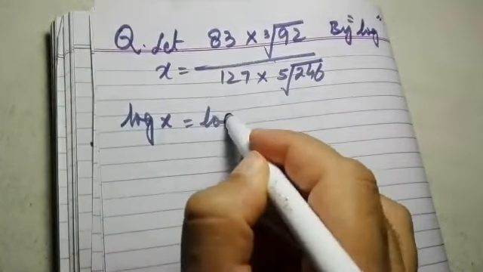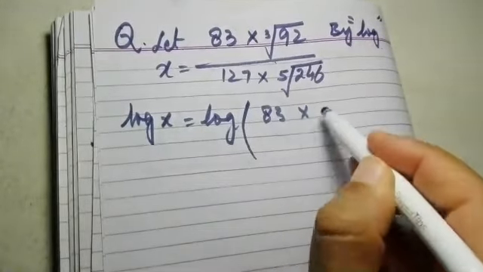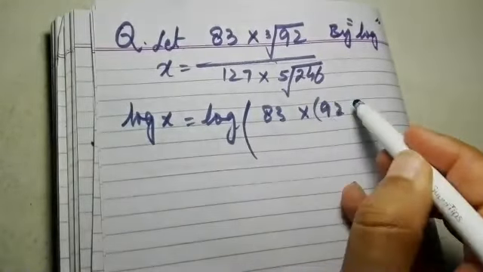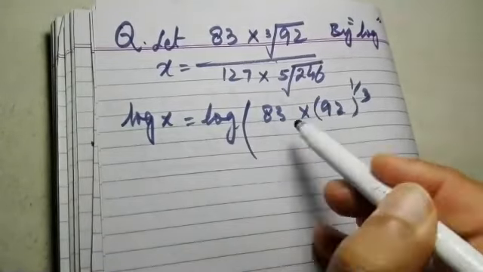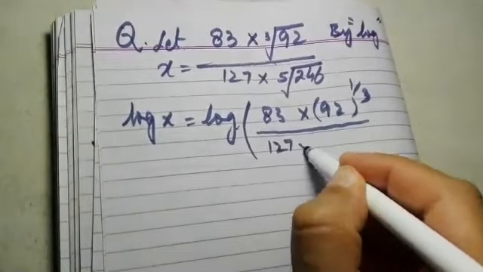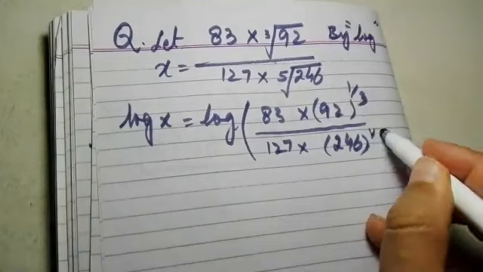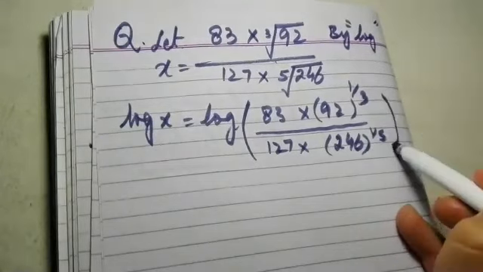You will apply log on both sides, and you will use brackets, and you will indicate 92 as power of 1 by 3, and 127 will be as it is. 246 will be written as raised to power 1 by 5.